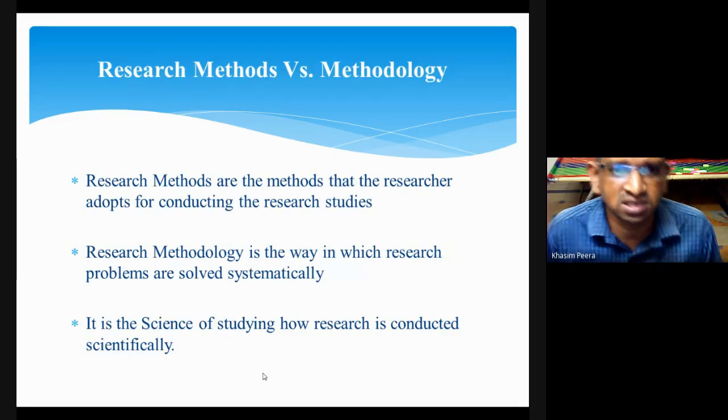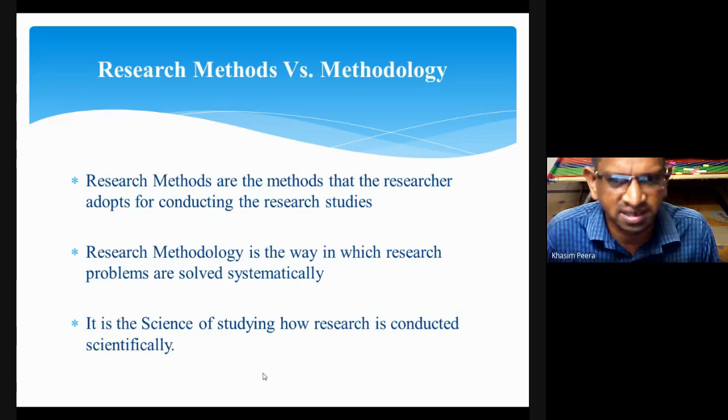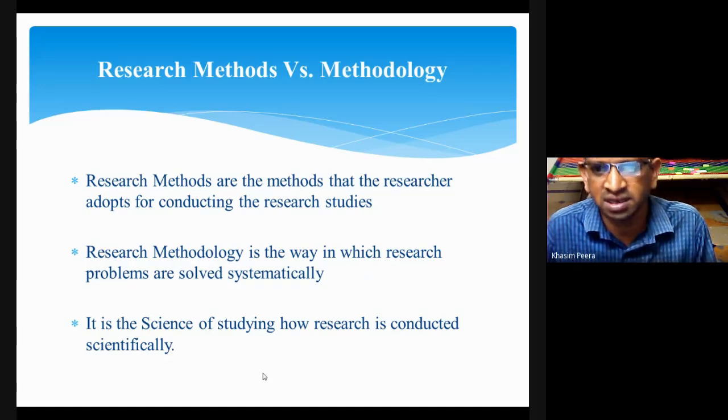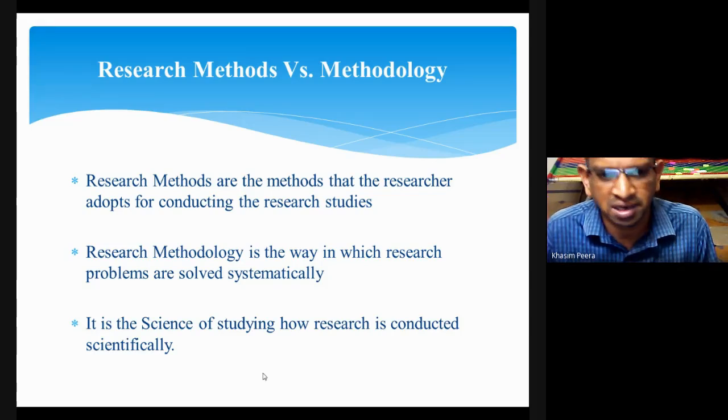Next, research methods as well as methodology. Research methods are the methods that the researcher adopts for conducting the research studies. Research methodology is the way in which research problems are solved systematically.